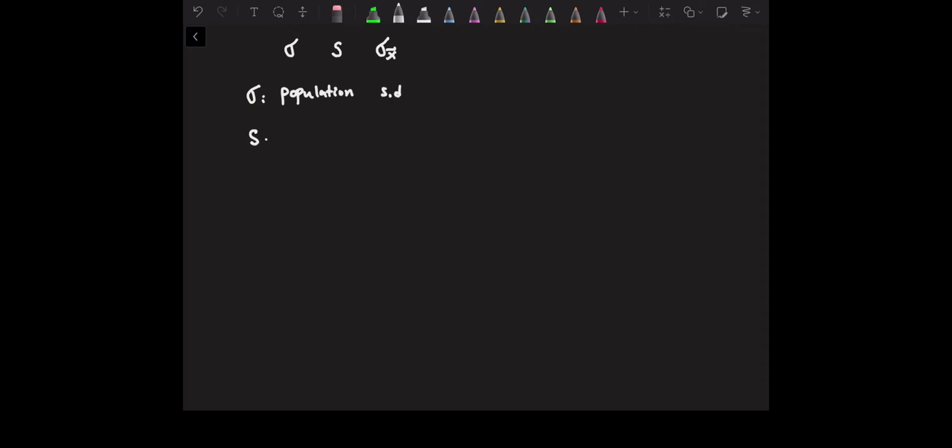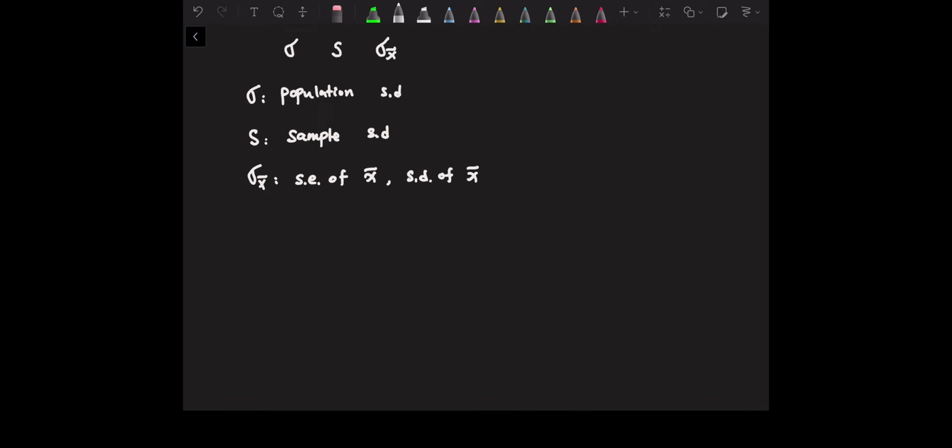S is sample standard deviation. Sigma subscript x bar is standard error of the sample mean, or you can call it standard deviation of the sample mean.